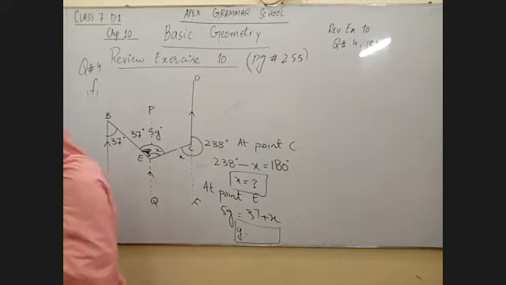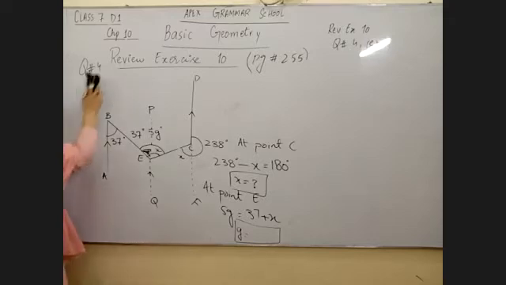Okay, I'm going for question number 5. Little bit tricky. I am giving you time so that you can note down these equations. Okay, I'm going to start your question number 5.